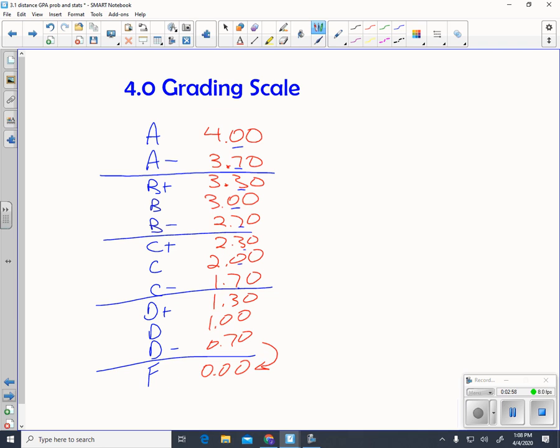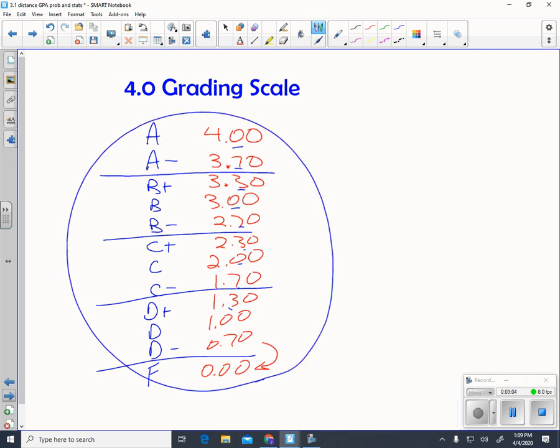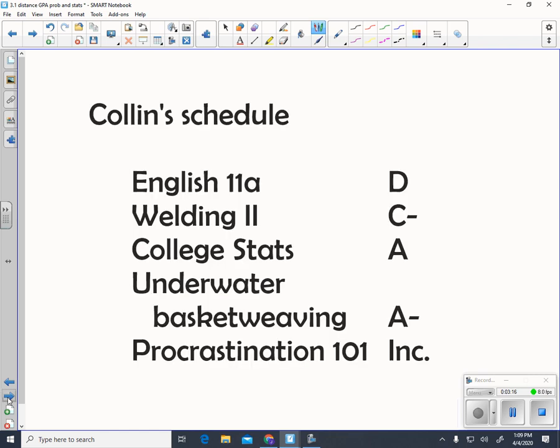And if you remember that, you'll be okay. So here's the grading scale that you use when you calculate a grade point average. And you use that in conjunction with the expected value formula that you learned in the last lesson.